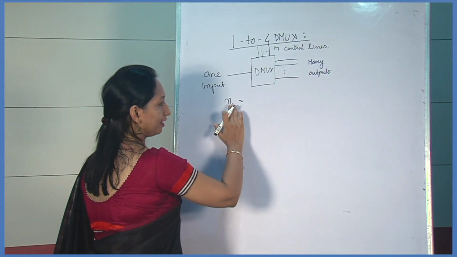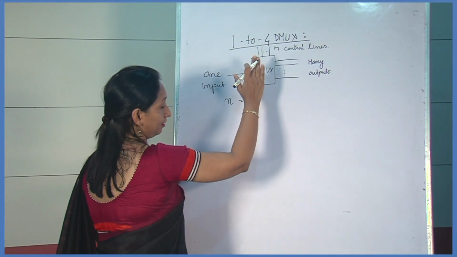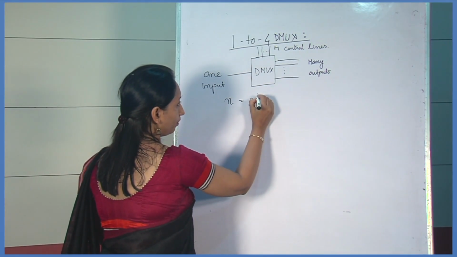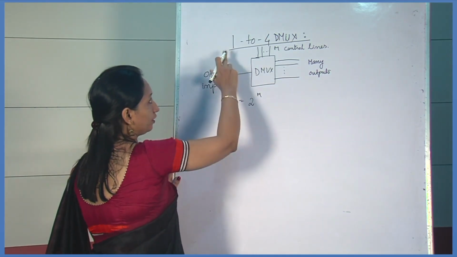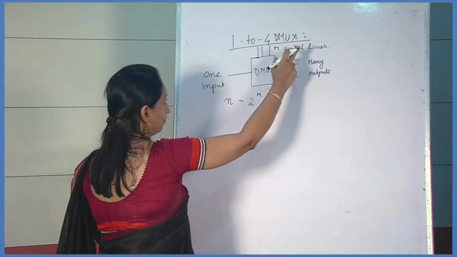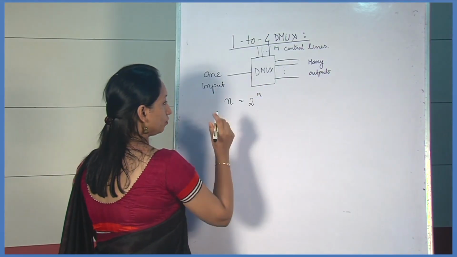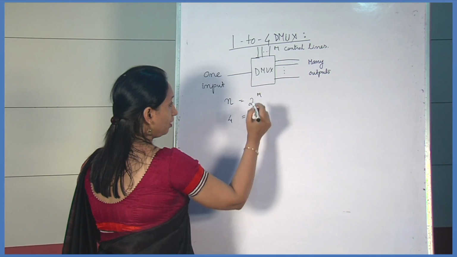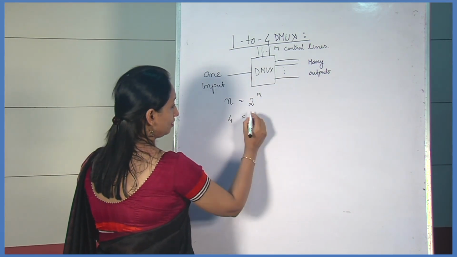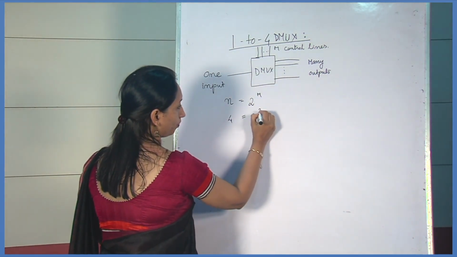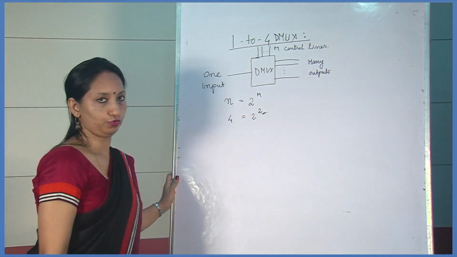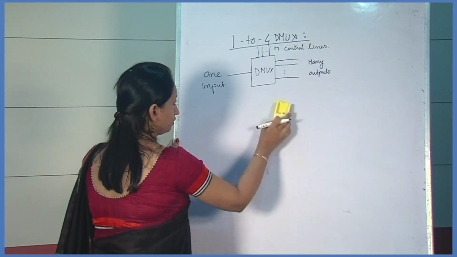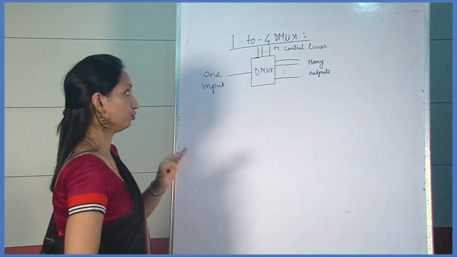If the number of output lines is N, then N equals 2 to the power M. So in the case of a 1 to 4 demultiplexer, the output lines will be 4, so the input control lines or the selection lines will be 2. So M is 2. Now we see the logic diagram and the truth table of the demultiplexer 1 to 4.